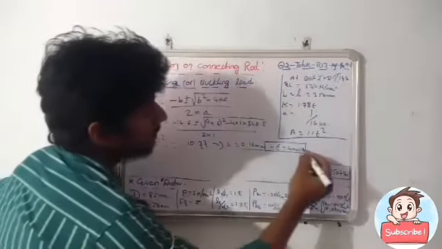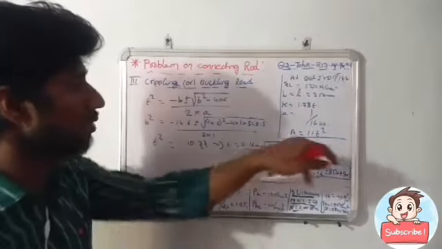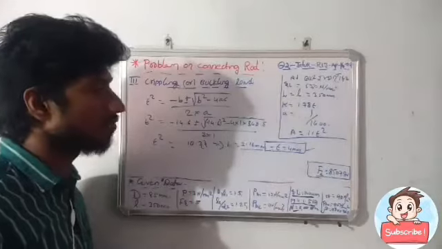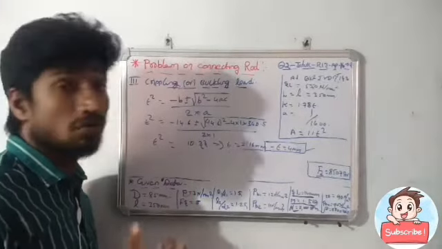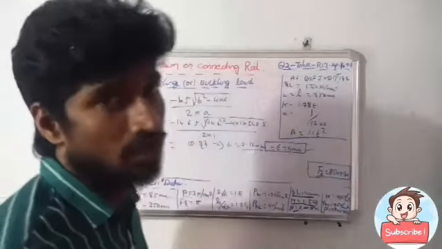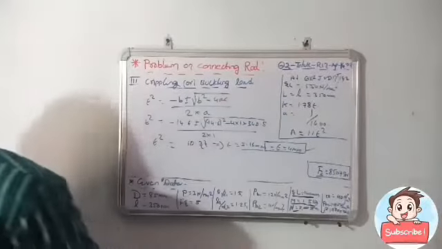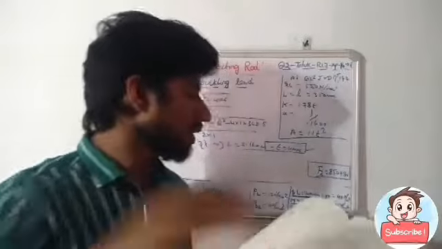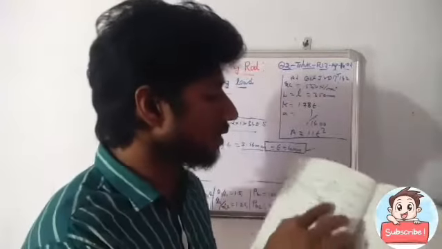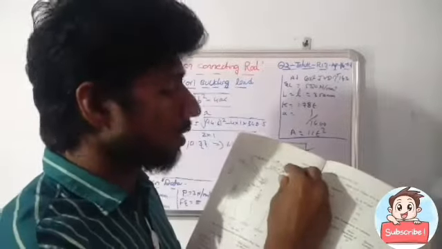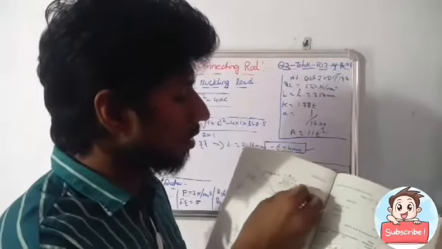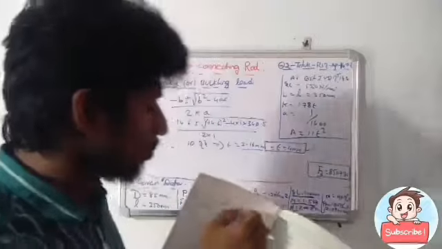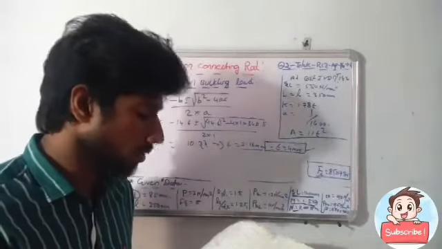So by using this thickness, we are going to find out the remaining area, as well as the least radius of gyration of the connecting rod, and after that the width and the depth of the connecting rod. So for the I section condition, if you see this one, this is the depth of the connecting rod, and this is the width of the connecting rod. So find out these two values here.